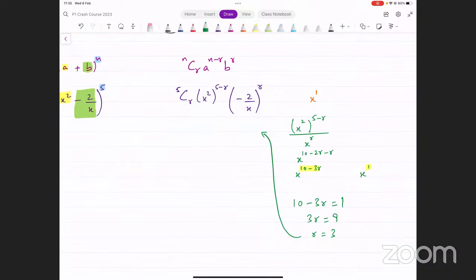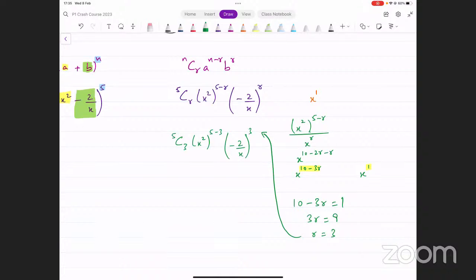And we get 5c3 into x squared whole raised to power 5 minus 3 into minus 2 over x whole raised to power 3.